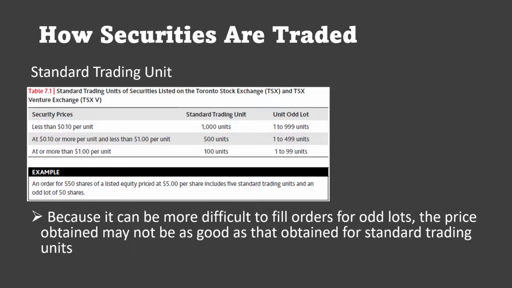Because of this, it can be more difficult to fill orders for those odd lots, and the price obtained may be a bit higher than the price you get for the standard trading units. Of course, it is only marginal, not really something to worry about, but it can happen.